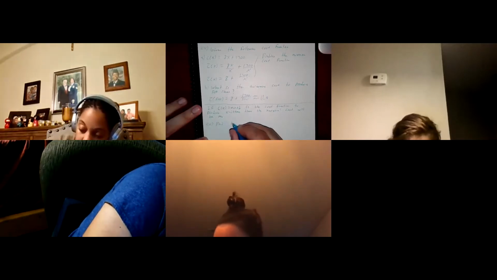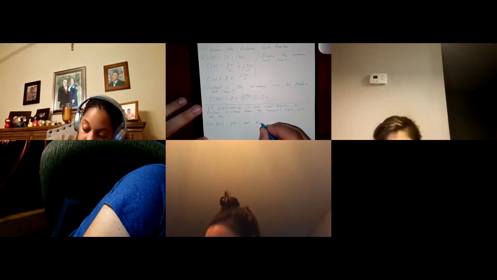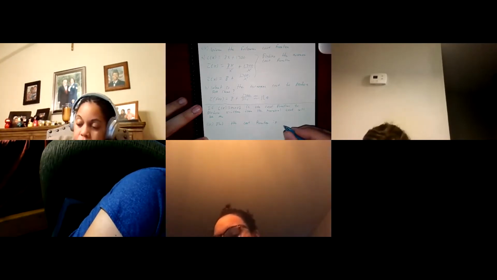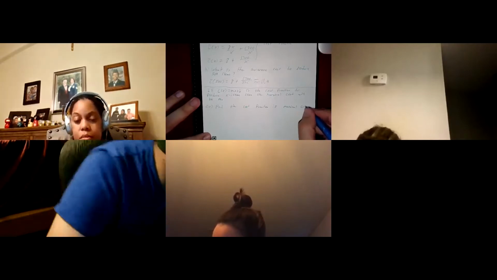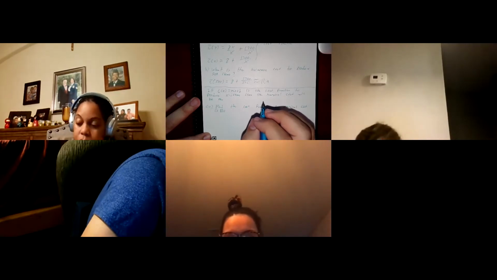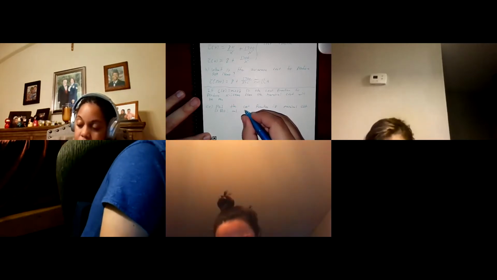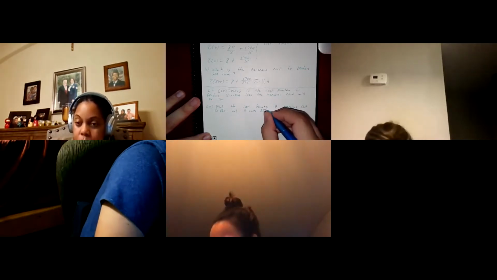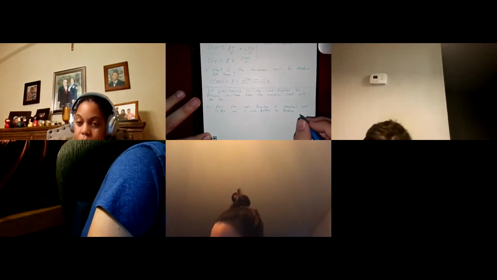So let's figure it out here. Find the cost function if marginal cost is $20, and it costs $5,500 to produce 210 items.